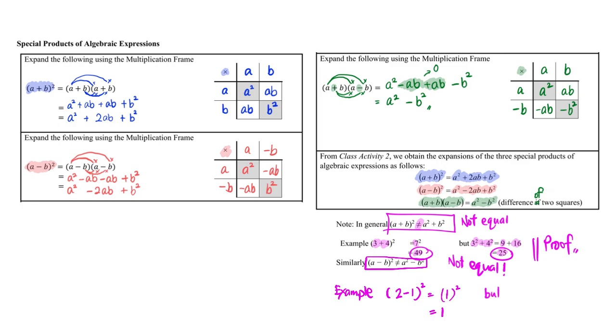But 2 square minus 1 square, 2 times 2 is 4, 1 times 1 is 1, this one is actually equal to 3. So 1 and 3, they are again not equal. Okay? So please remember, (a plus b) bracket square does not equal a square plus b square. Similarly, (a minus b) bracket square does not equal a square minus b square.